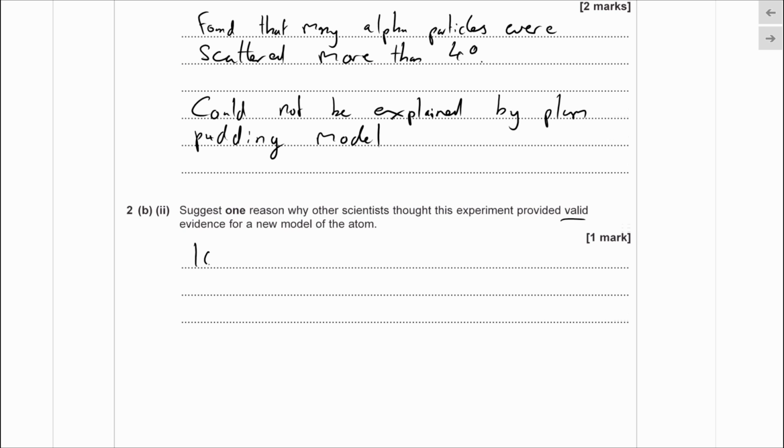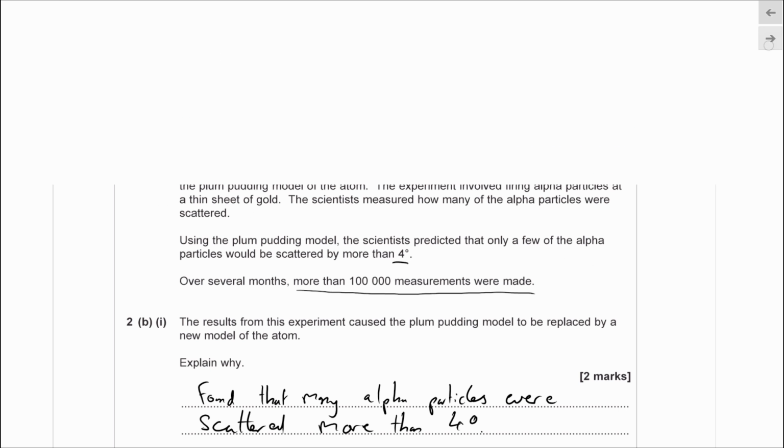So 100,000 measurements is enough for results to be valid. Because this really will get rid of any random errors or anomalous results because you've taken so many readings.